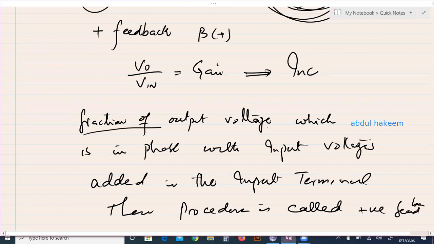So the fraction of the output voltage which is in phase with the input voltage and added in the input terminal, this procedure is called positive feedback.